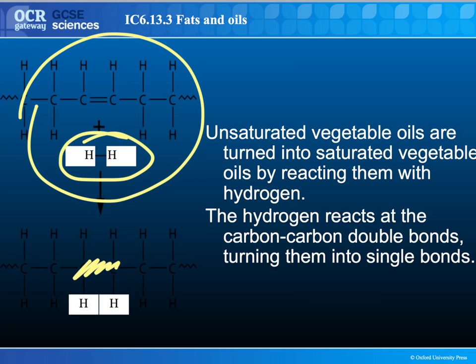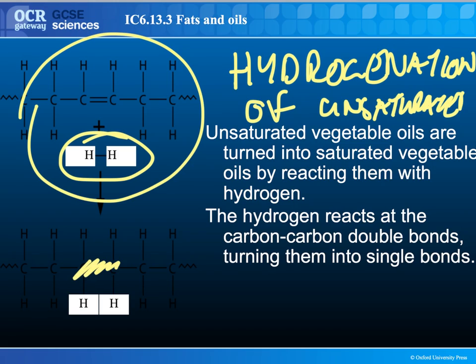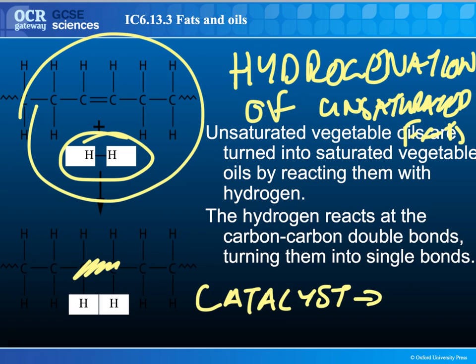This is the hydrogenation of unsaturated fats, and it requires a catalyst, and you should hopefully know the catalyst by now because we've covered it a couple of times. It keeps coming up whenever we do about catalysts, and the catalyst involved in this situation is nickel.